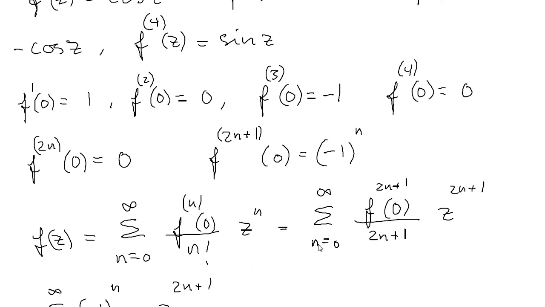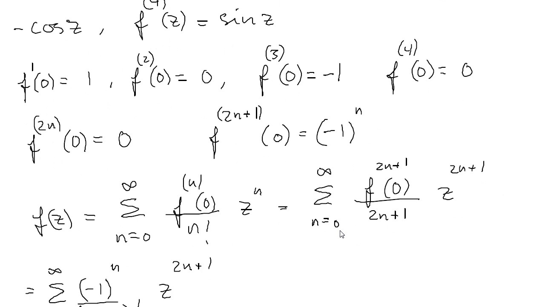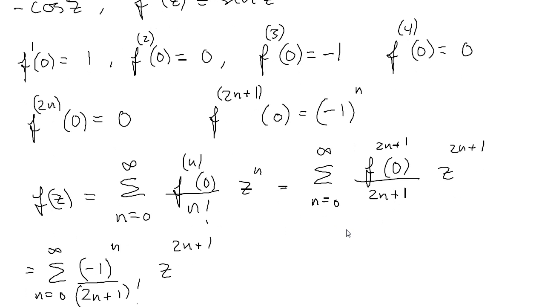The counting variable n is not the same as the counting variable here, but we see that this will be the correct expression for the series. So we have this expression, and we know that the odd derivative at point 0 is equal to minus 1 to the power of this counting variable n.